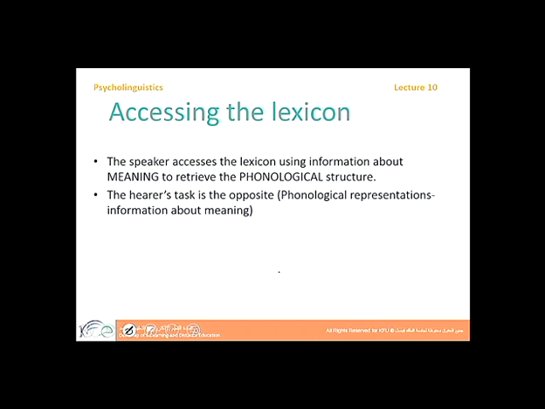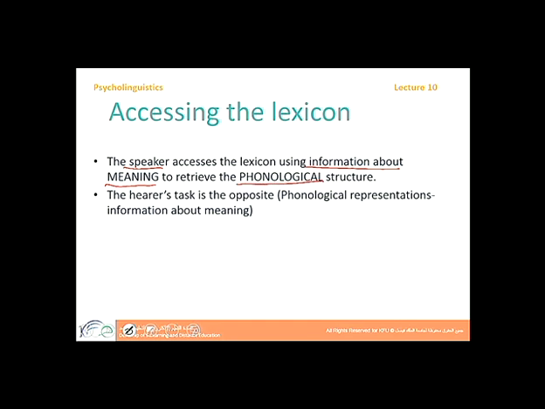Right, now let's continue talking about accessing the lexicon. Now, as a speaker, if you want to say something, first of all, you access the lexicon, the words of a language, using information about meaning. Then at the end, we have the phonological representation.